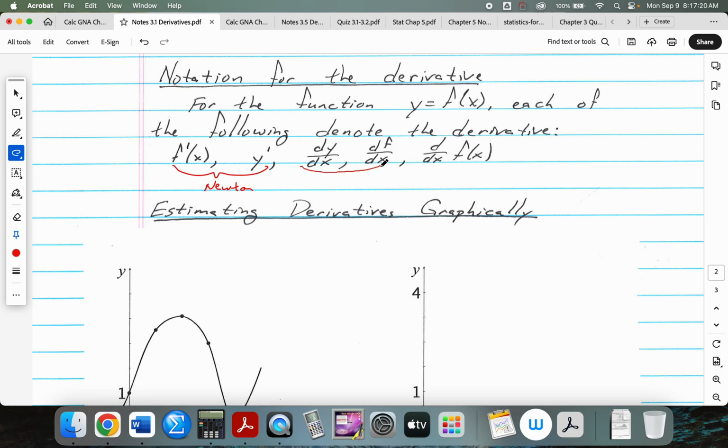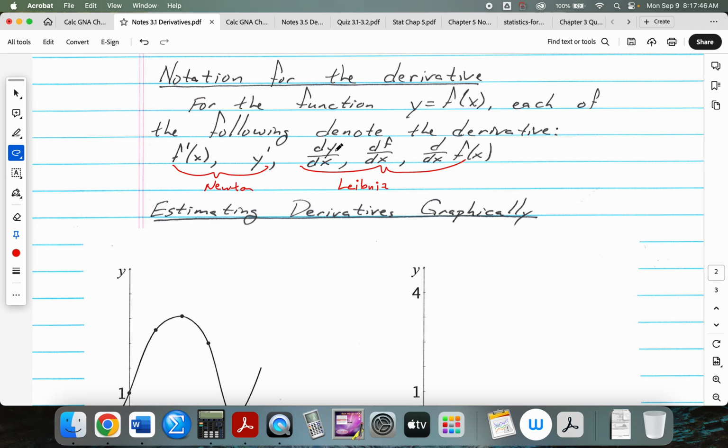All these others are Leibniz: dy dx, df dx, or d over dx of f of x. I particularly like dy dx because it reminds me that this is a slope. It's a change in y over a change in x.